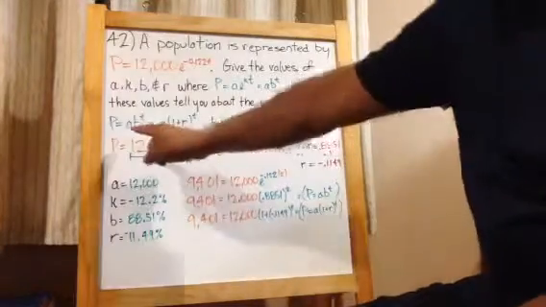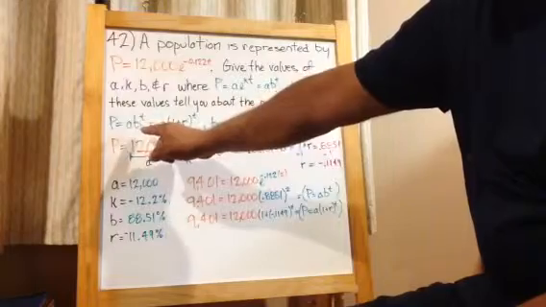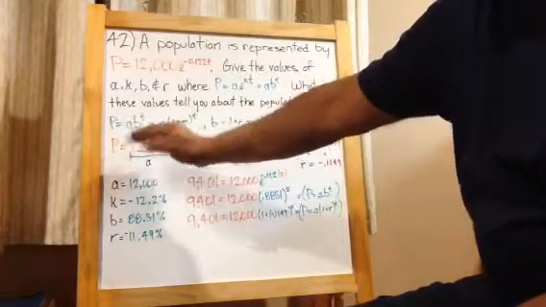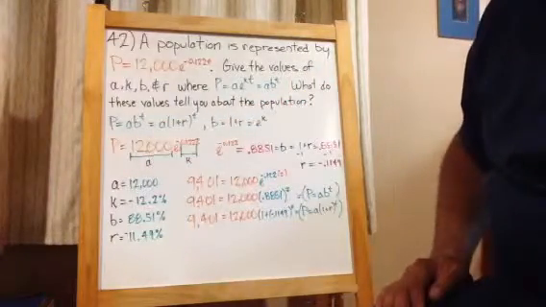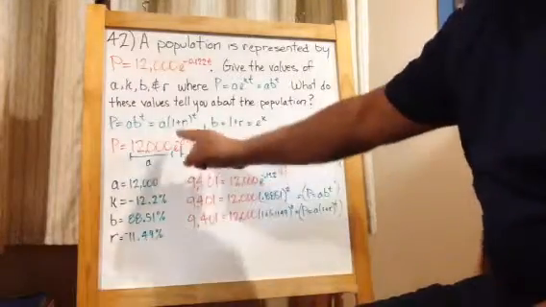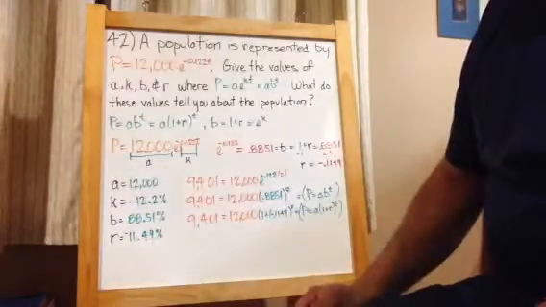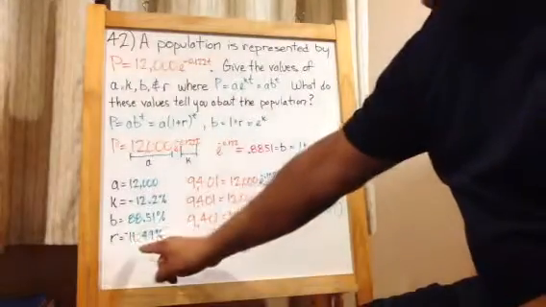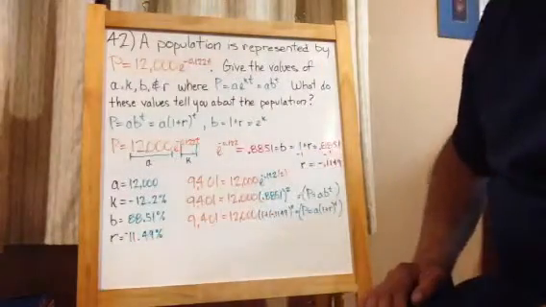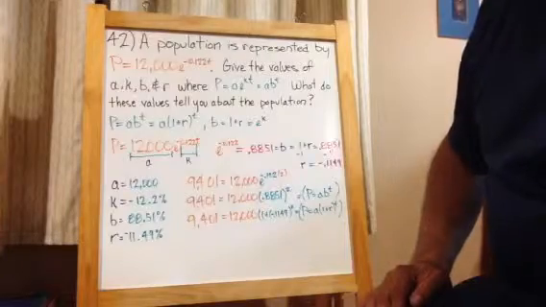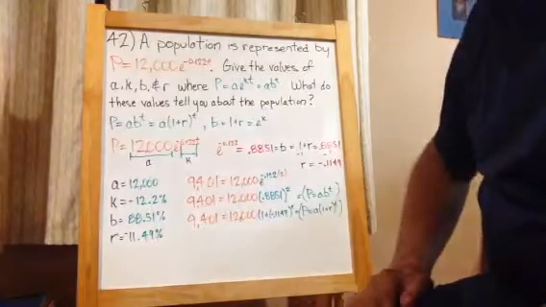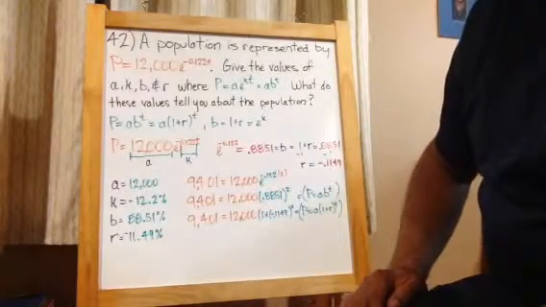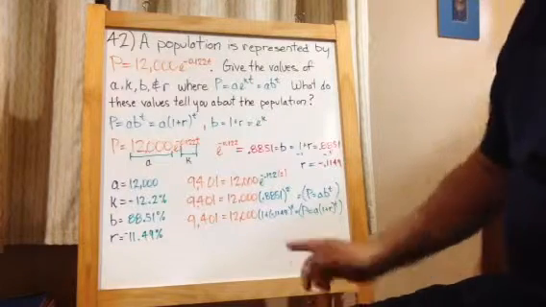So A times the growth factor in this case would cause a smaller number. And then finally, the r in this formula here is our decay rate, which is 11.49%, which means that after 1 year, you're going to have 11.49% less than you had the year before at the beginning of the year.